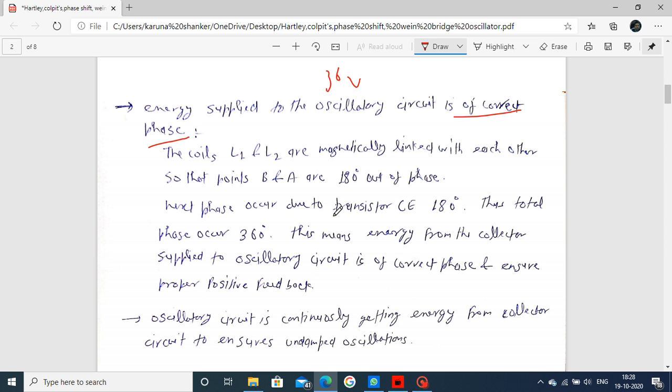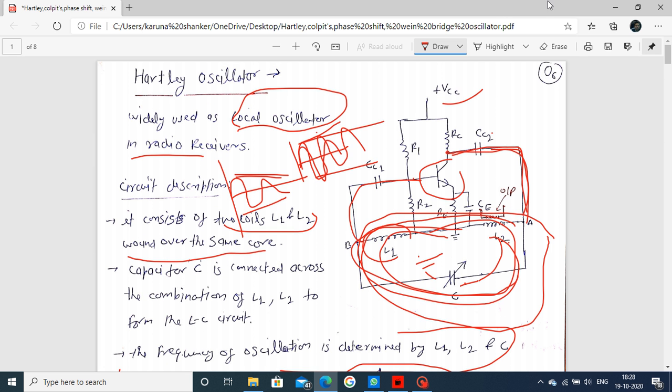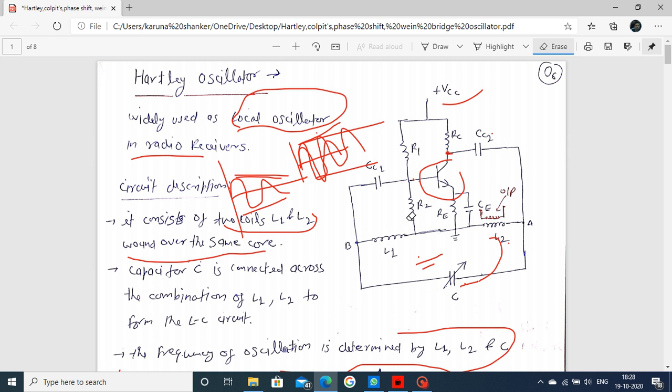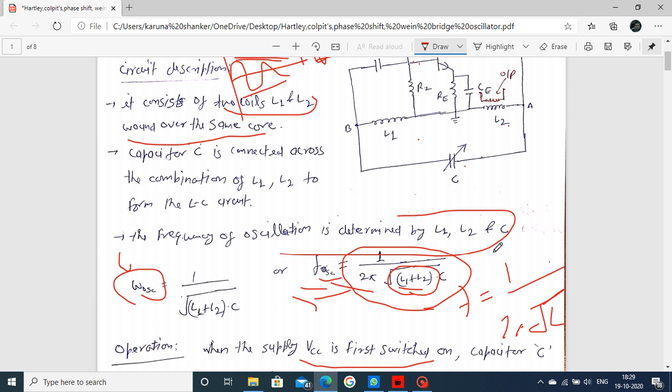Overall, we need positive feedback in an oscillatory circuit, and positive feedback comes when a 360 degree phase shift is obtained. How is the 360 obtained? The input is in the correct phase with your oscillatory circuit. Now, observing the phase shift, the 360 comes out.